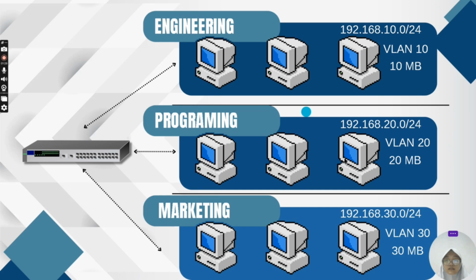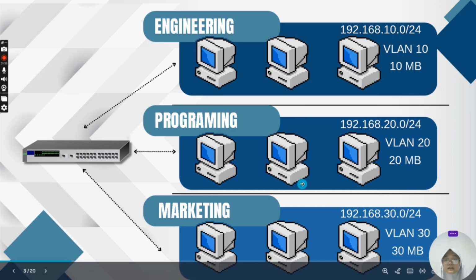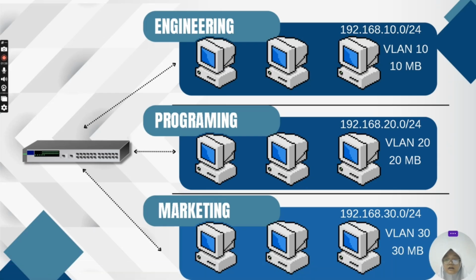This is where VLANs are needed to manage these networks. So the first function of VLAN is management, and the second is to break up broadcast domains. As we learned before, VLANs function to partition or break up this broadcast domain. For example, in the engineering section, there are PC1, PC2, and PC3. If PC1 wants to send data to PC2, it must pass through the switch, which then sends it to PC2 and PC3.